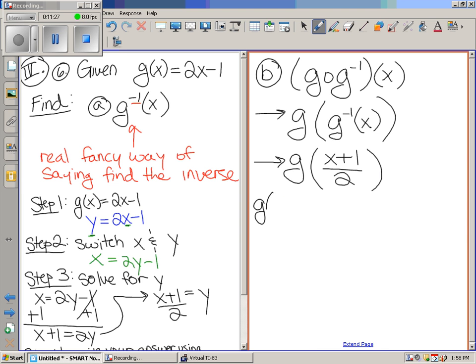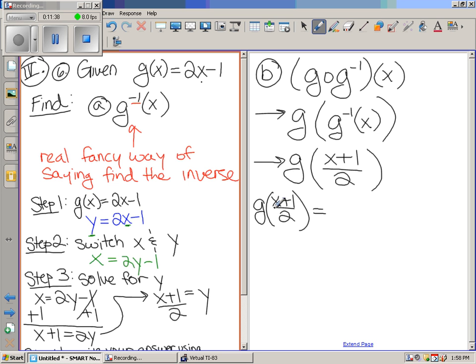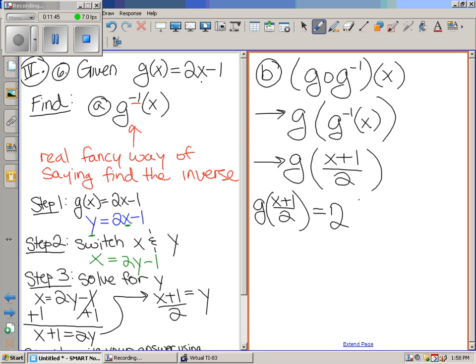So g at x plus 1 over 2 equals, now how much was g worth? Yeah, g was worth 2x minus 1. So we've got a 2, and everywhere we see an x, we're going to put x plus 1 divided by 2.